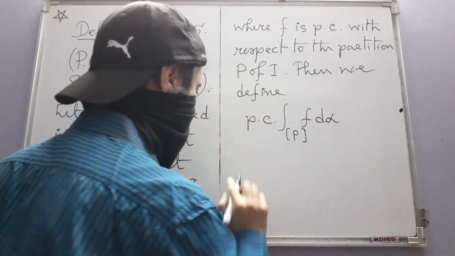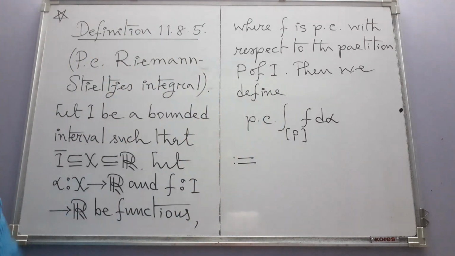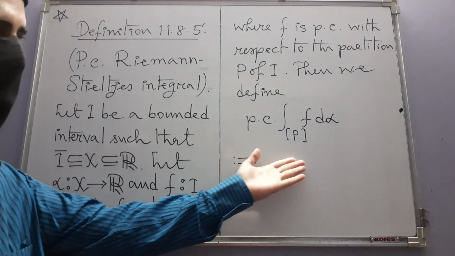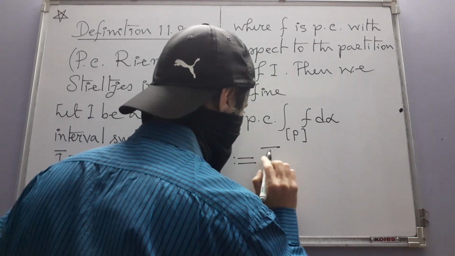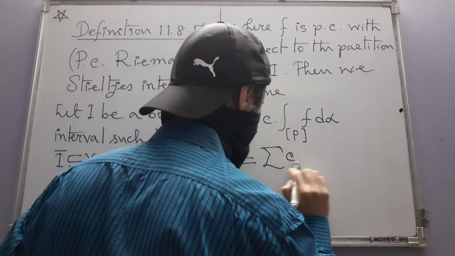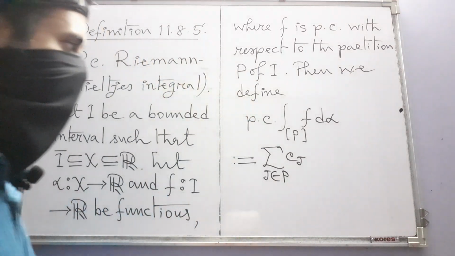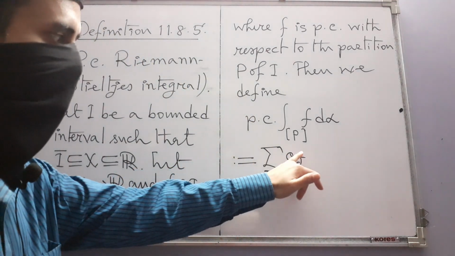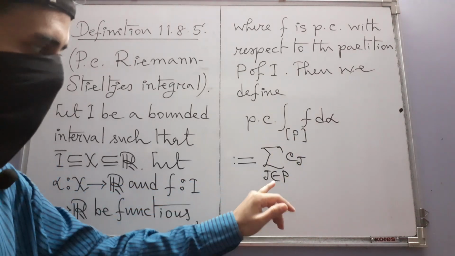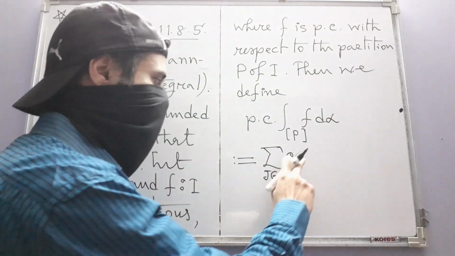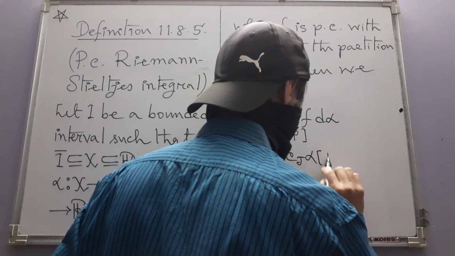So this is our thing, and because it is supposed to be just like the ordinary PC integral, if you go back to that definition, you can see that this is going to be this sum. In the ordinary PC integral, we multiplied each function value in a subinterval in the partition by the ordinary length of j. Now we are going to multiply it by the alpha length of j.